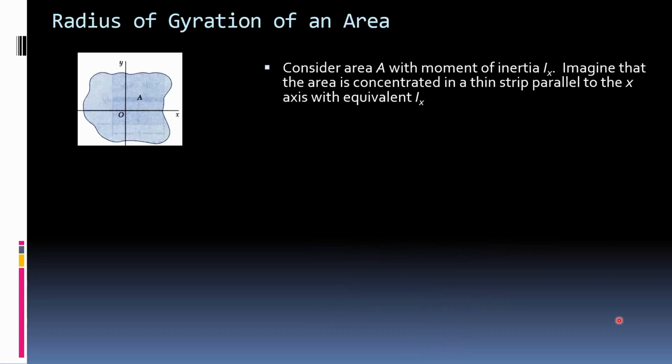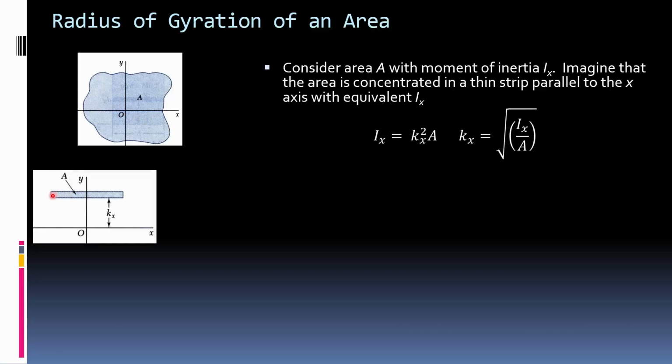Okay, now we're going to talk about a concept called the radius of gyration, and specifically the radius of gyration of an area. Okay, so say you have your blob, right, your potato chip blob, and it has an area and it has a moment of inertia Ix. So if you could somehow take that blob and concentrate it into a thin strip, boom, where you have the same area and it's at some distance from the x-axis, right?